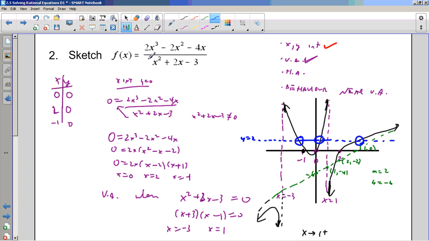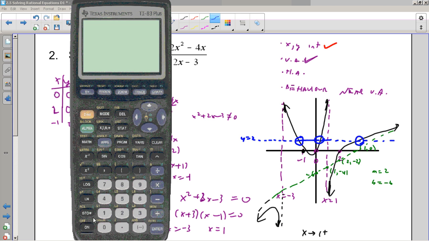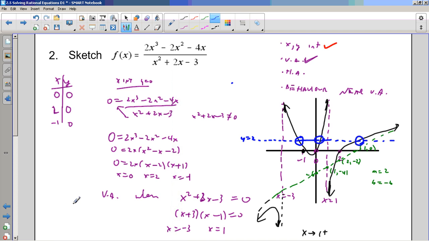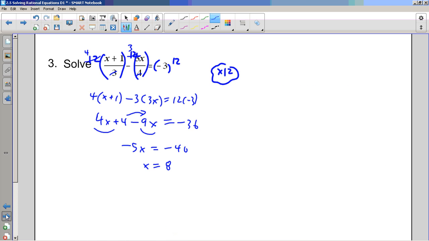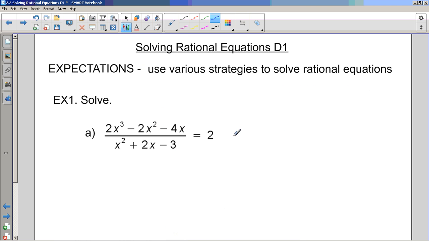I could graph y1 equals this and y2 equals 2, and then remember I could use calc intersect to find out where those two values were equal, where the f of x and y equals 2, left side and right side, were equal. So that's one technique. Now, of course, we're not going to focus on those. We're going to focus on the algebraic technique.